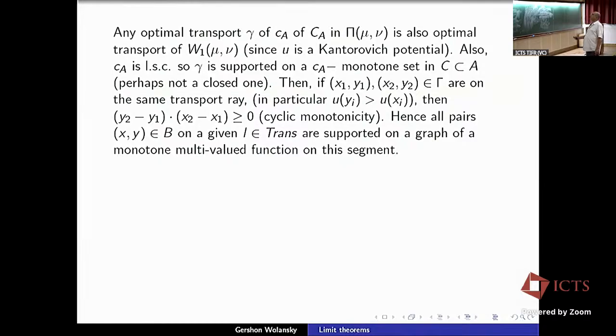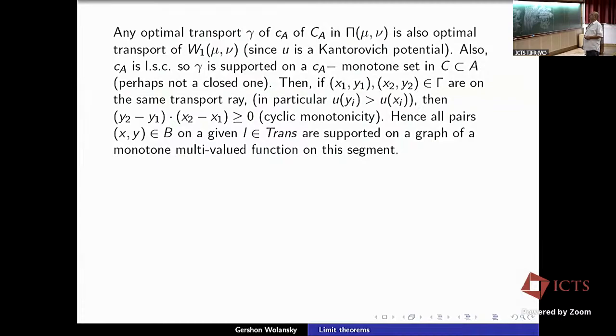So if you have pairs of points x1, y1, x2, y2 in gamma, on some transport ray, then we have this inequality, which comes from the cyclic monotonicity, which we know for the support of optimal mapping.